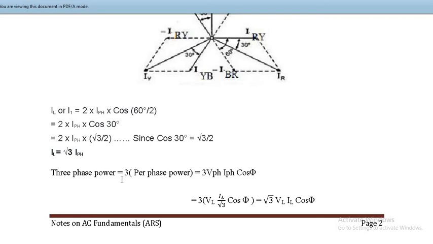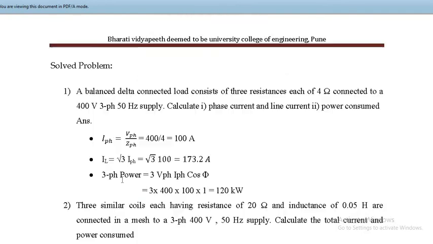Okay, so that is one of the reasons why normally in the distribution sector star connected systems are used, apart from availability of neutral. Okay, so that is about delta.